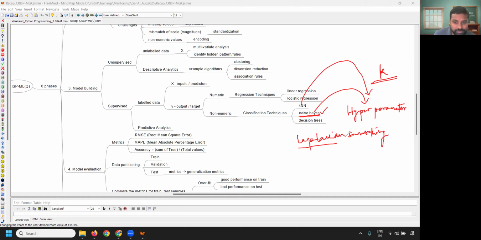What should be the value of Laplace? Or what should we not put as the value for Laplace? Okay, you'll have to read.